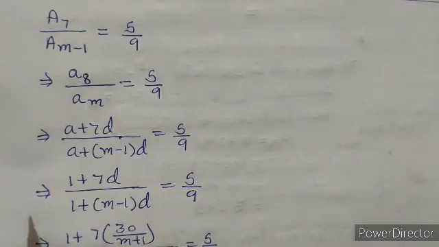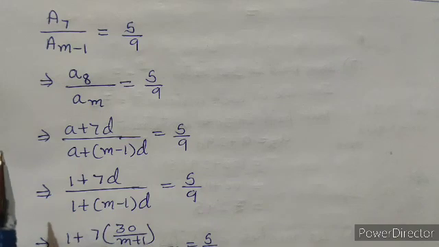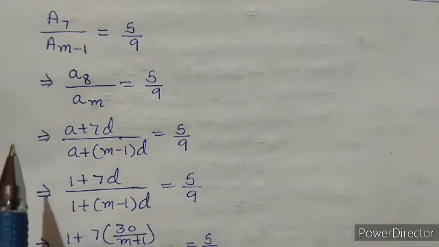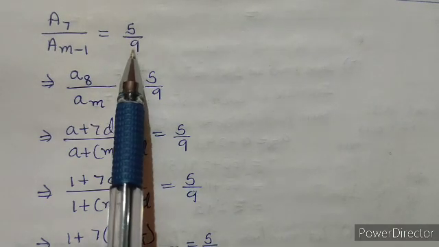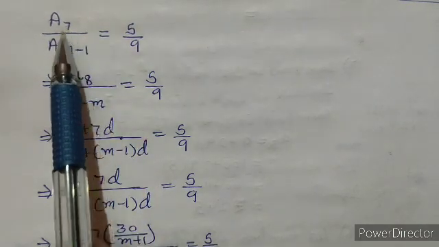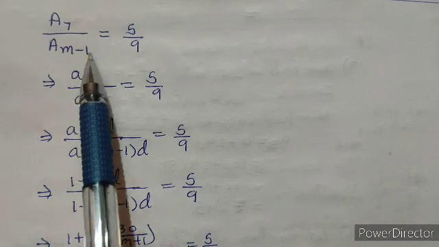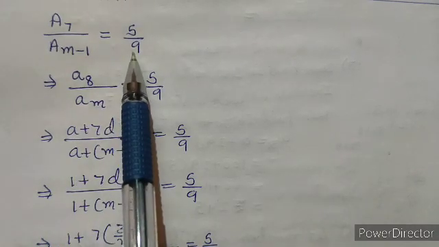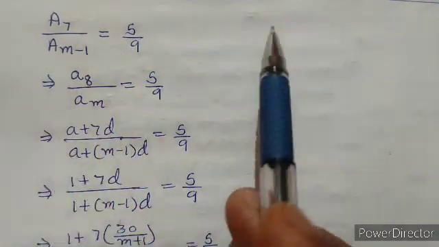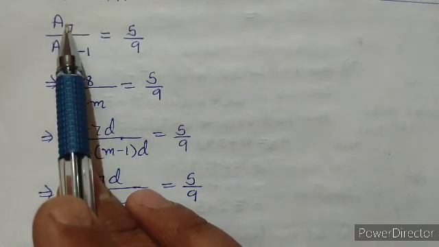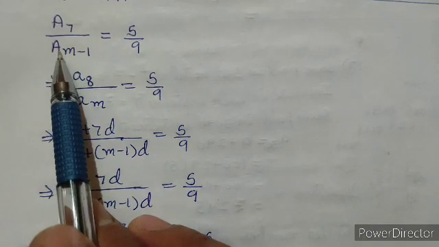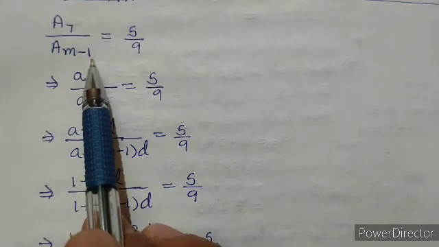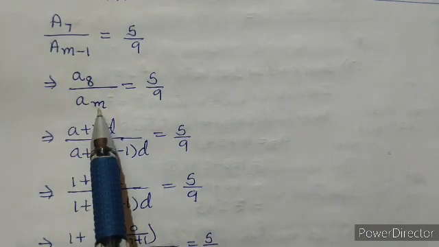Now ratio of the 7th number and m minus 1th number inserted is 5 upon 9 or 5:9. That means a7 upon a(m minus 1) will be equal to 5 upon 9, as now the 7th number inserted will be 8th term of the AP, and the m minus 1th number inserted will be mth term of the AP.